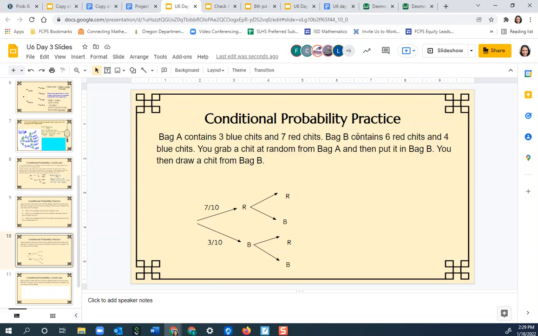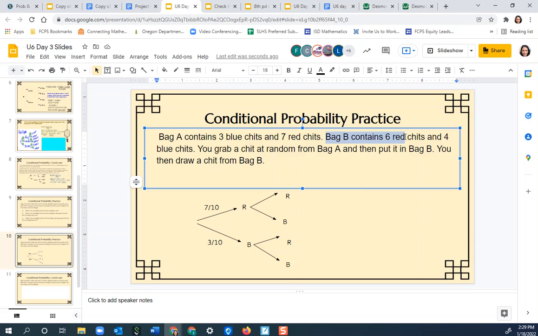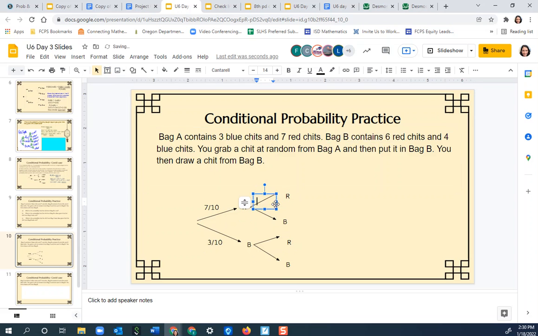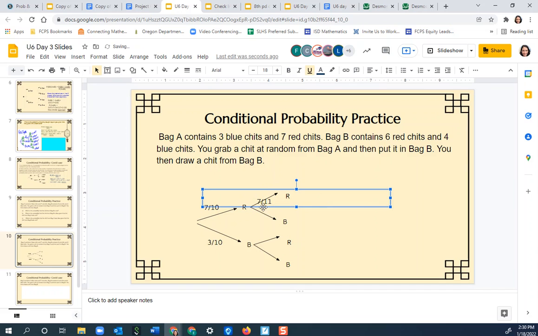It is 7, yeah. So bag B started with 6 red tickets, but if I took a red one out of the first bag and put it into the second bag, then there will be 7 out of how many tickets altogether? 11, good. So if I took a red one first, then I got 7 out of 11 that are red. And that means how many out of 11 are blue? 4, good.